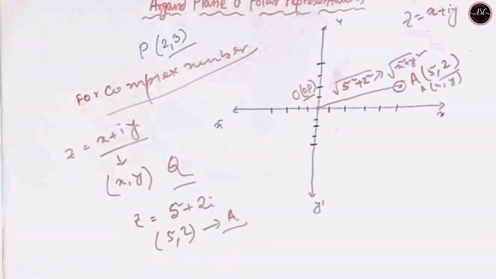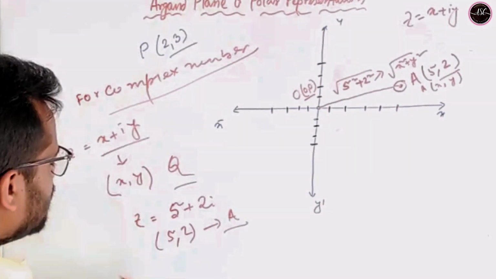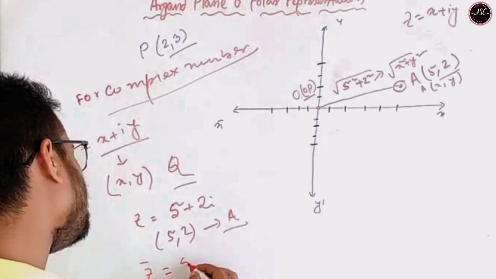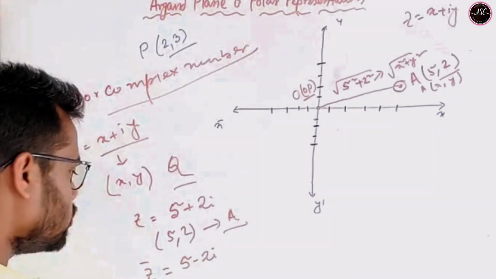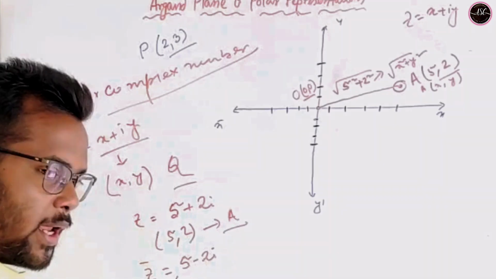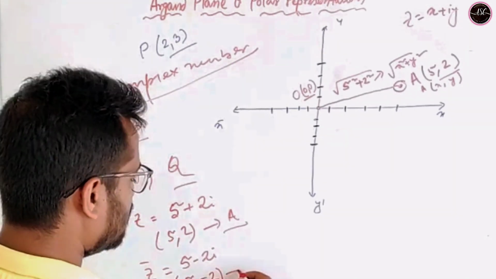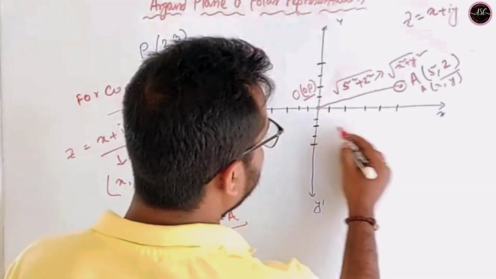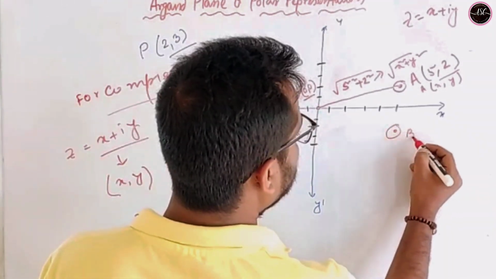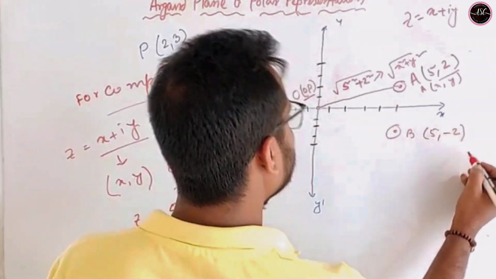Okay. Now the conjugate of z, that means z bar, equal to 5 minus 2i. Okay. So this also corresponds to an ordered pair. Then this is 5 comma minus 2. Let this be B. So 5 comma minus 2 is here. So here B is 5 comma minus 2. Okay.